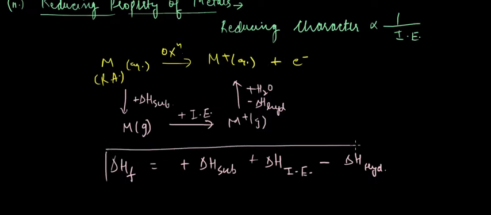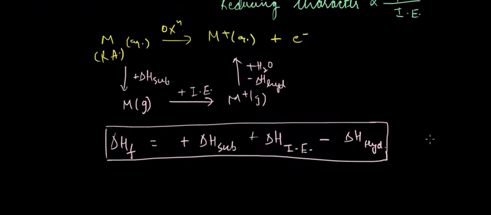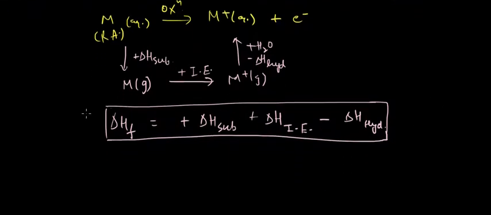So this is delta H f for formation of M plus aqueous from M aqueous. In other words, this is the required energy and this is the released energy.